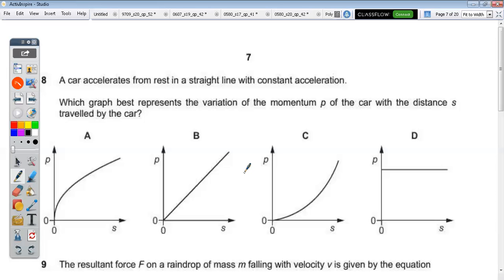Constant, what's the keyword here? Constant what? Acceleration. Constant acceleration. Okay. So you're saying you're using the formula p is equal to mv, but that doesn't have anything to do with distance, because here we're talking about distance.